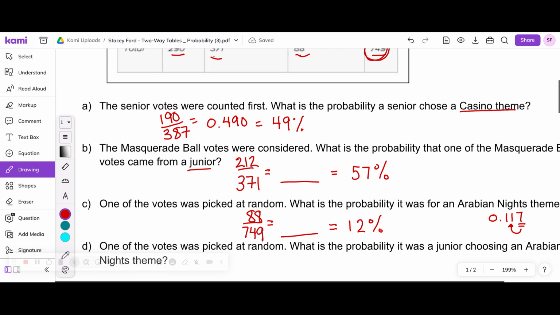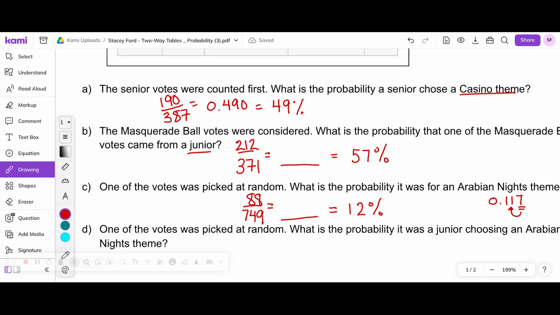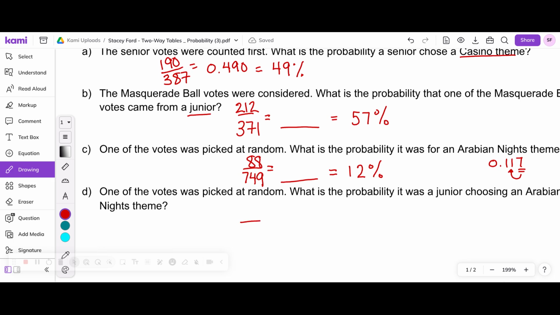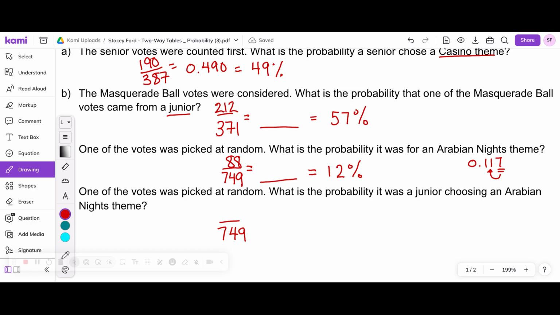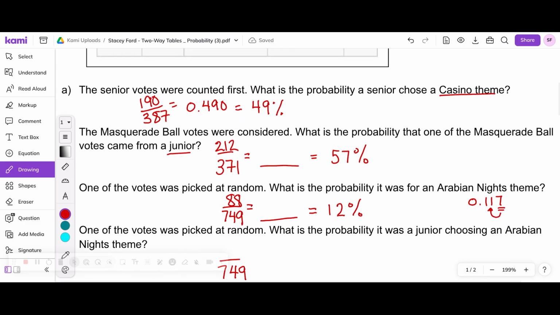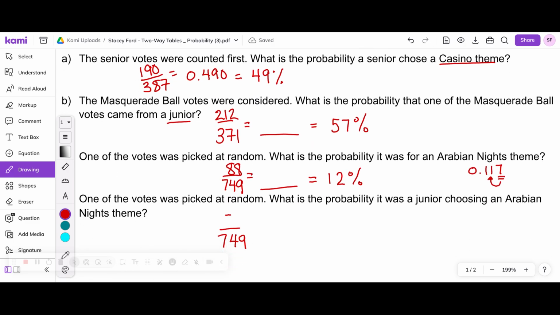All right. Next, one of the votes was picked at random. So again, we're going to use that 749. What is the probability that it was a junior choosing an Arabian Nights? So now we're getting a little bit more specific. So juniors and Arabian Nights, we're going to do the 50. Definitely a very small number. Go ahead and divide it.